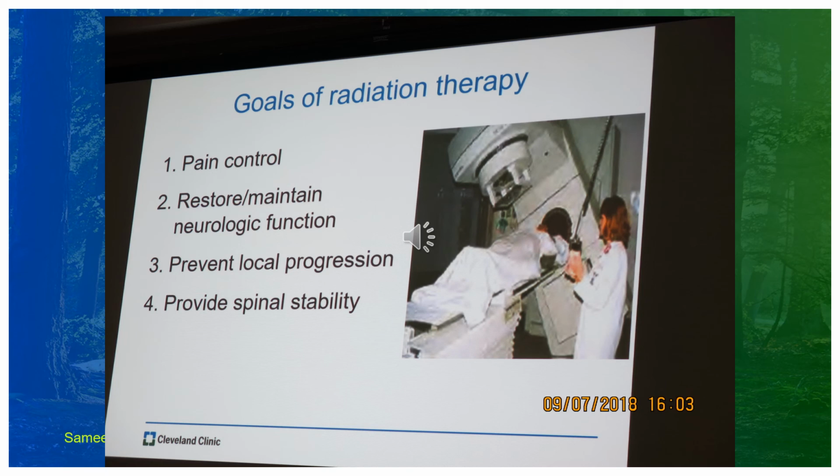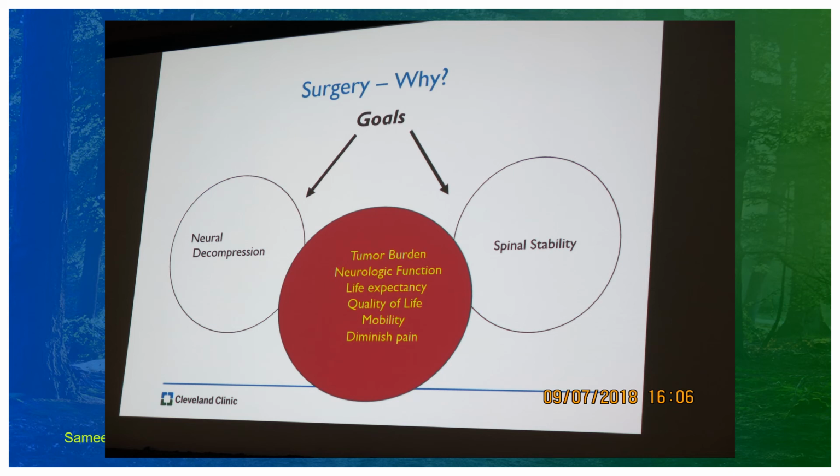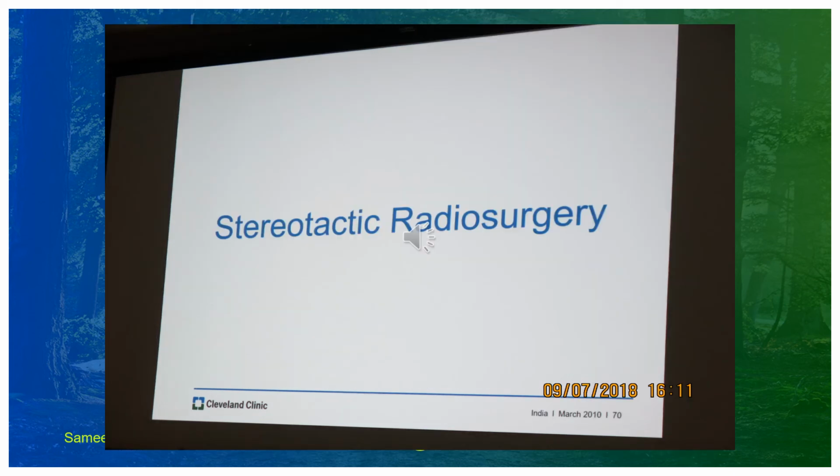It can restore or maintain neurologic function, prevent local progression, and provide spinal stability, provided that the tumor is radiosensitive. Recent advances in tumor management, spine secondaries, is the introduction of what we call stereotactic radiosurgery, and we will see what this means.